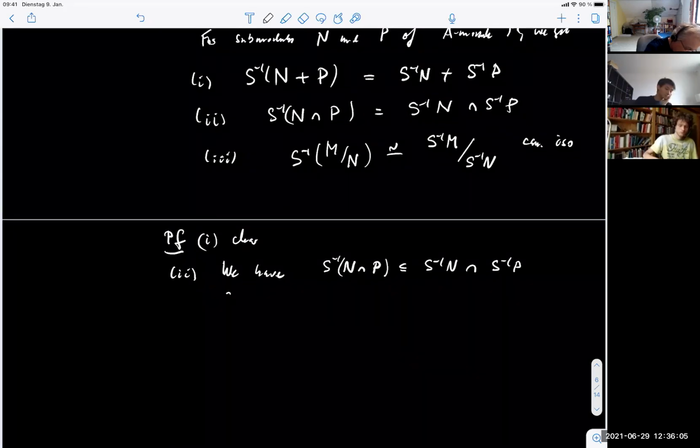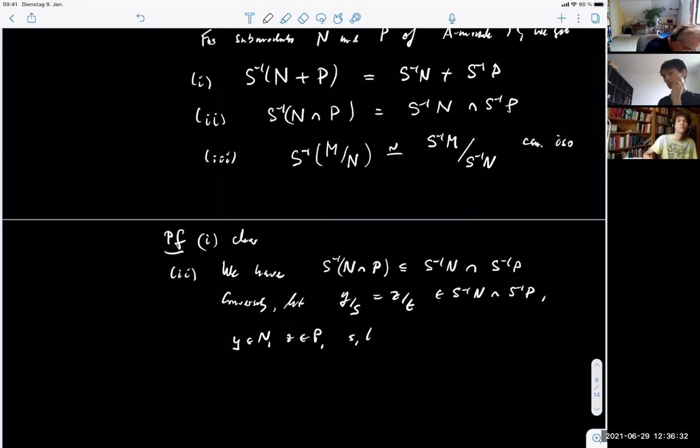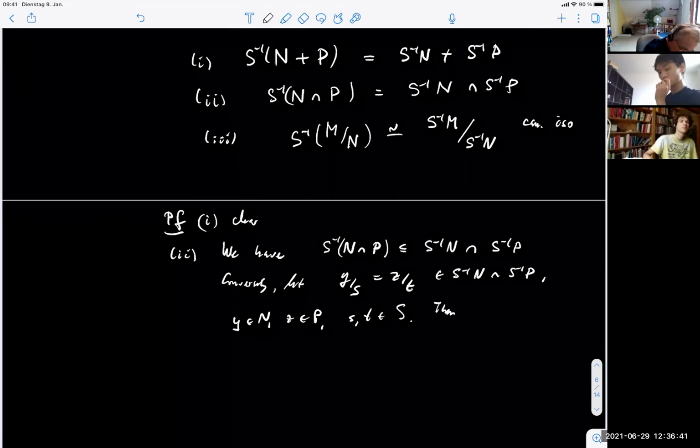So conversely, I have an element, let's call it y over s, which is also z over t. So this is in the intersection. Every element in the intersection looks like that, where y is in N, z is in P, and s and t are in S. Let's remove these denominators.